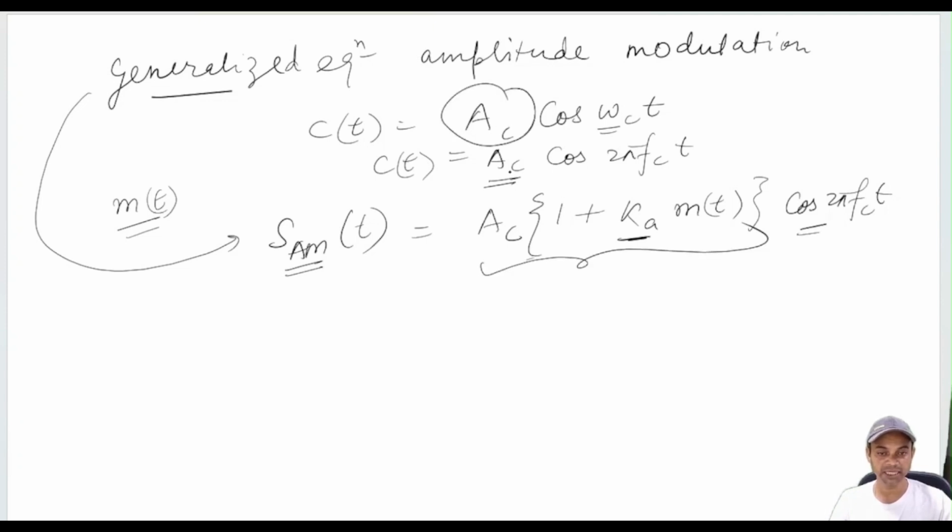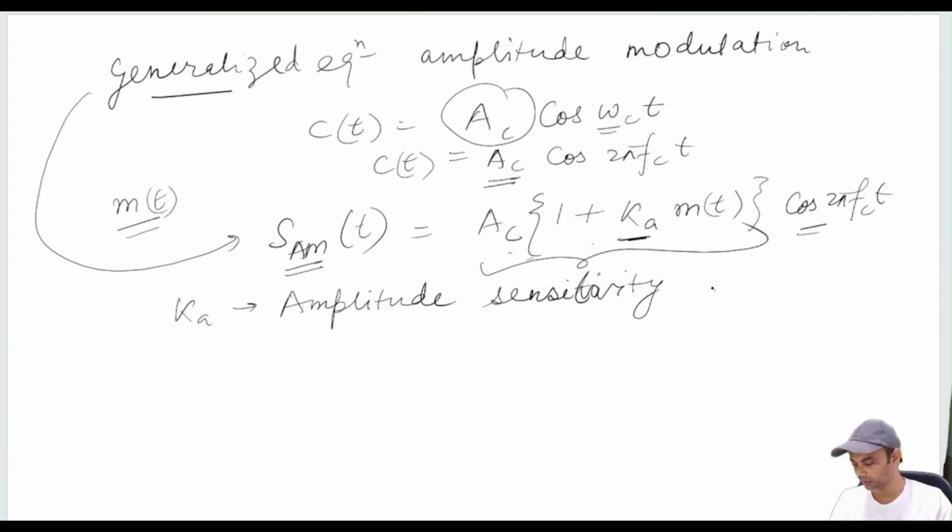We are replacing Ac by Ac into 1 plus Ka m(t). Here Ka is basically the amplitude sensitivity of the AM modulated signal.